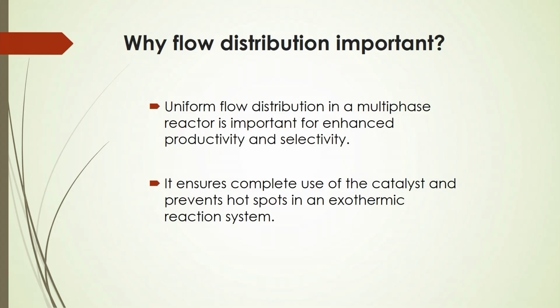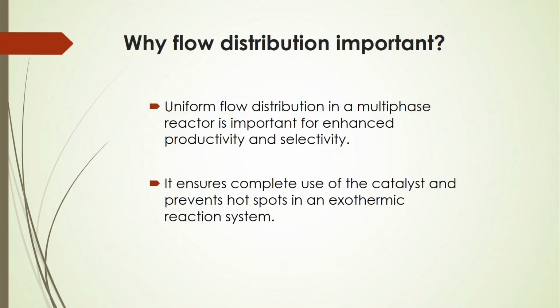Now, the question is why you have to know the flow distribution in the monolithic reactor. Because uniform flow distribution in the multiphase flow reactor is very important for enhancement of productivity and selectivity. It generally ensures complete use of catalyst and prevents hot spots in an exothermic reaction system.